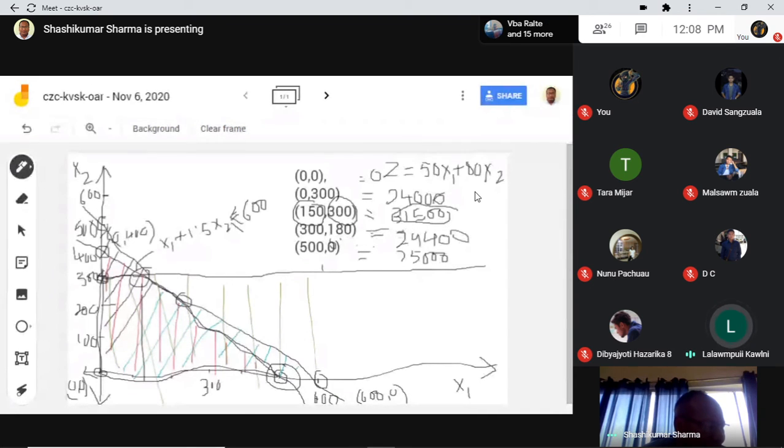And when we add that, 7,500 plus 24,000, so 500 and 500 will go. 7 plus 24 is 31, no? 31,500.